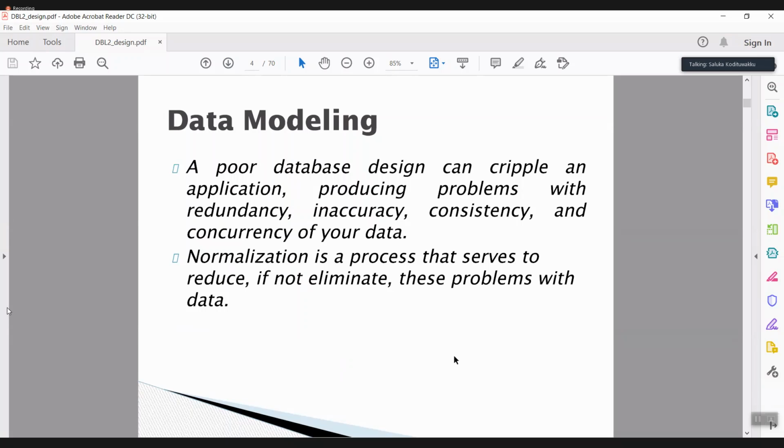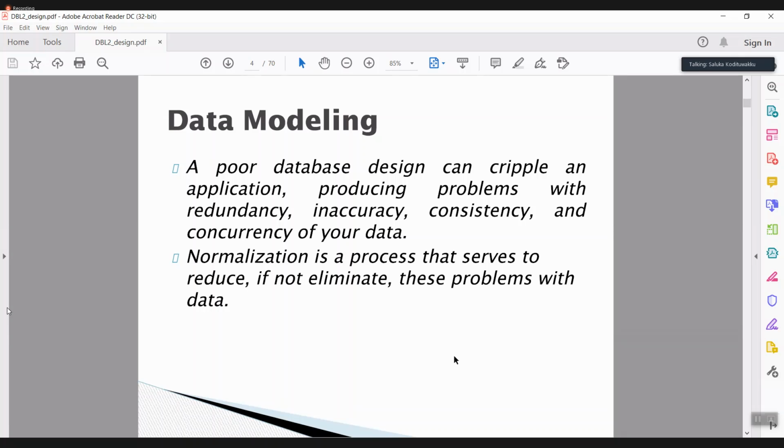Whenever we talk about database design, it is a solution for a problem. There may be many solutions for the problem, but if they are solutions, nobody can say a solution is wrong. A solution means the correct answer.